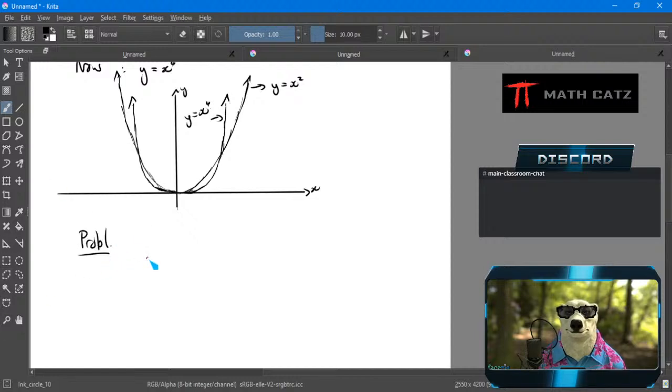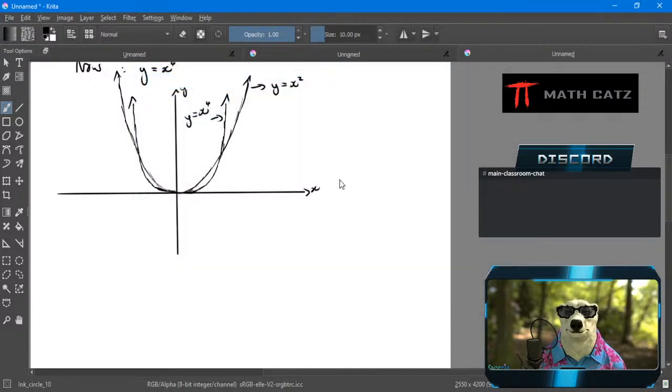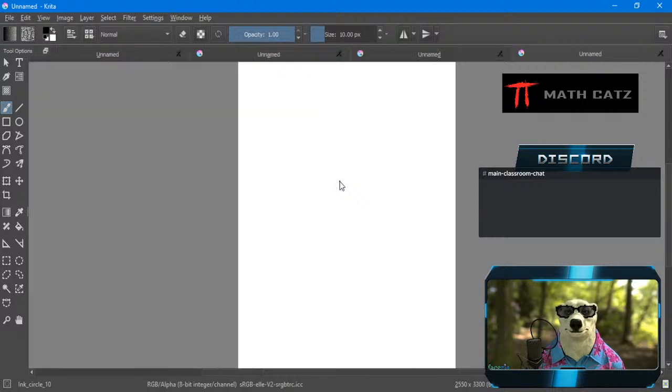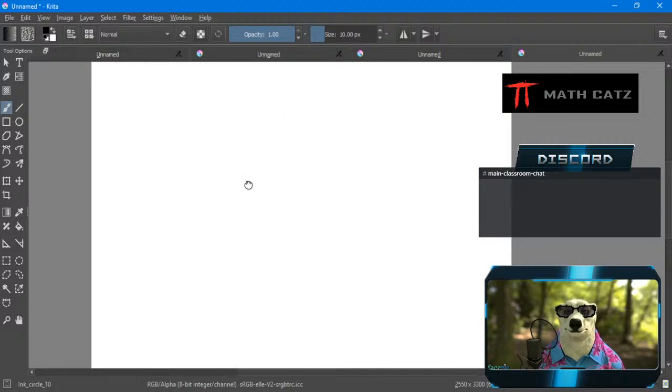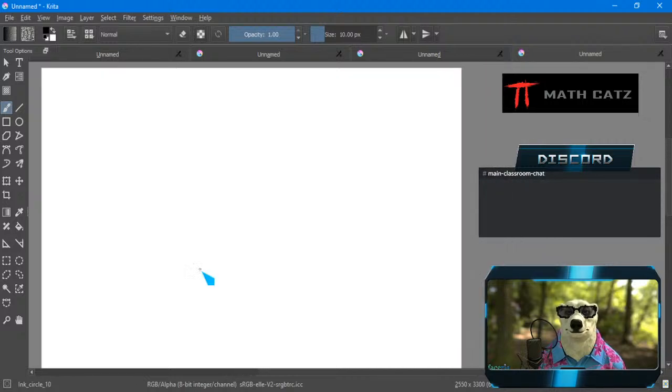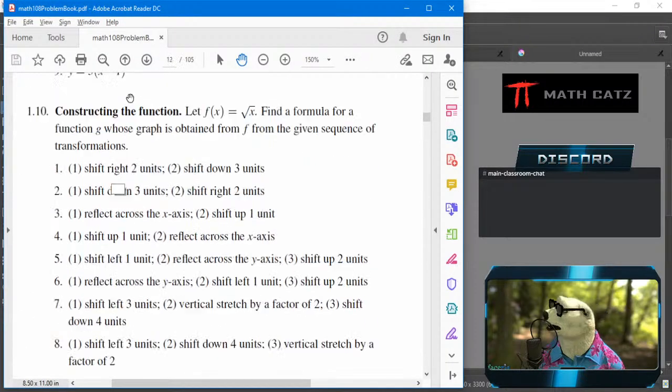I want this on a new page. Let's make a new page here. So slow. I press the button and eventually something happens. I press the button. All right. 1.9, 1.9, where are you?